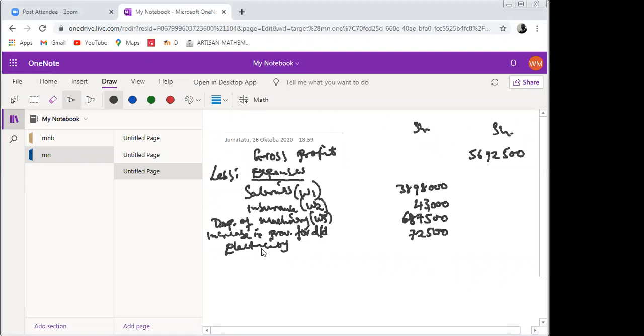Electricity is an expense, and what is the figure from your end?